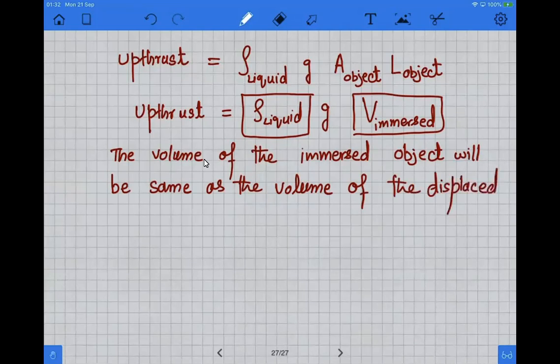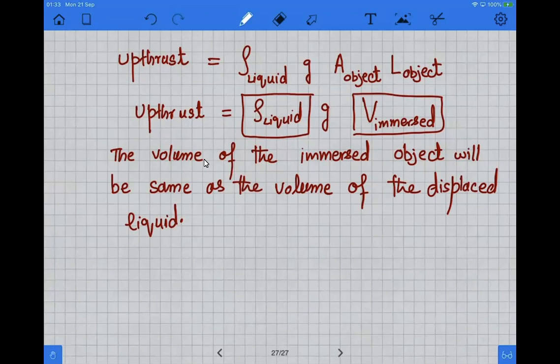Now, if you go back to your O level, you remember that you use this concept to find the volume of irregularly shaped objects. When you have to find the volume of an irregularly shaped object, you dip it in water and you use the concept that the volume of the liquid displaced is equal to the volume of the object that is immersed.